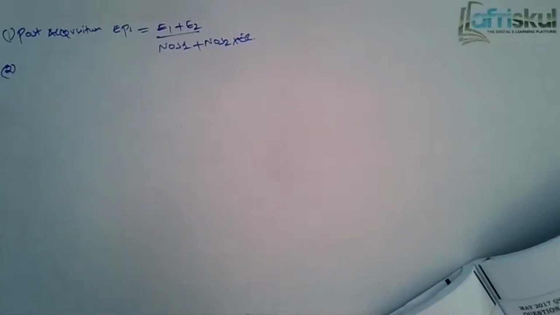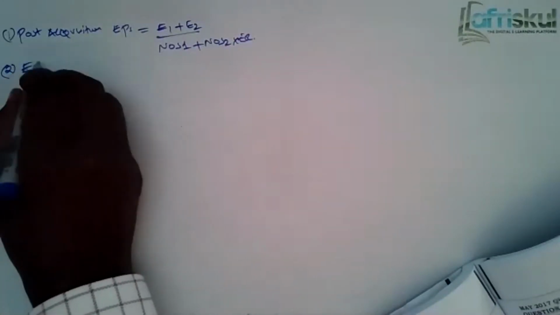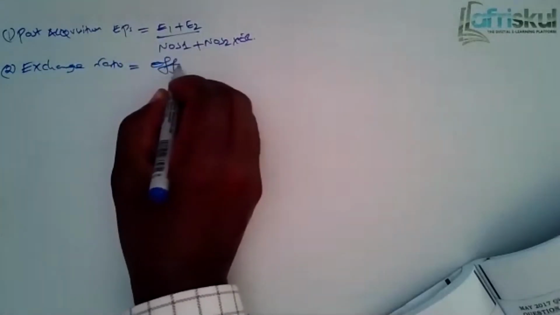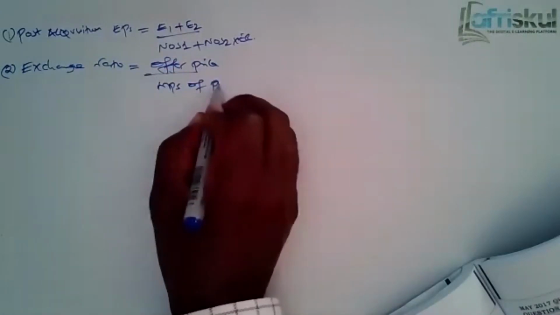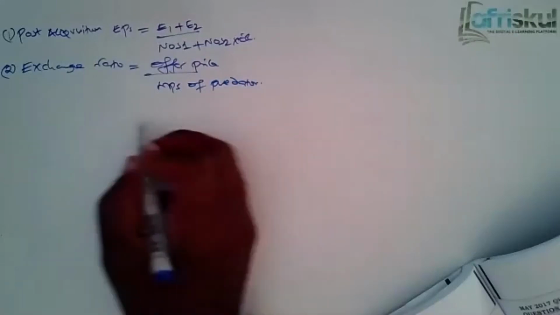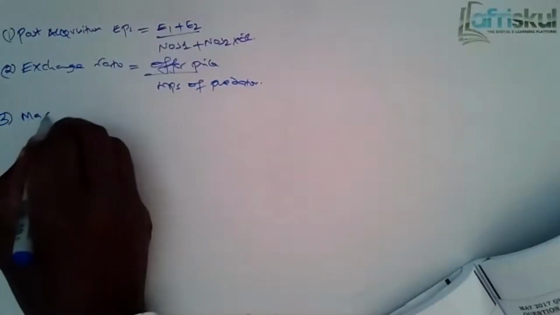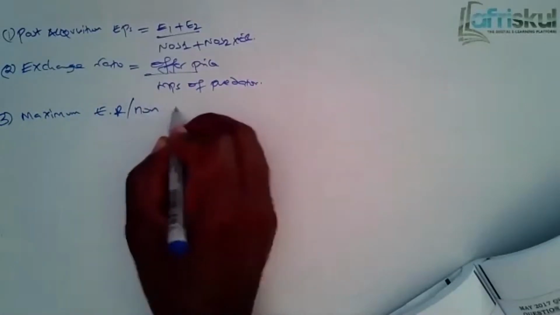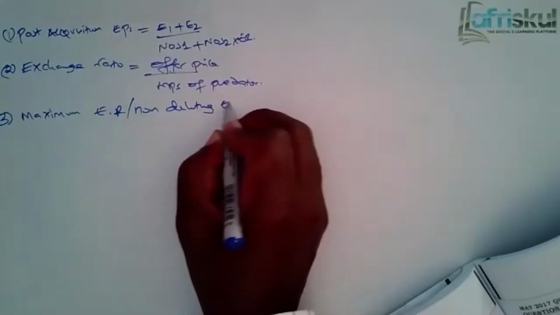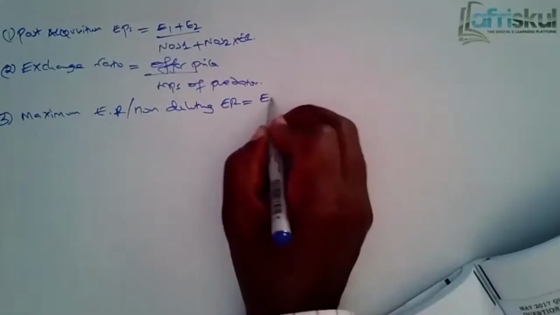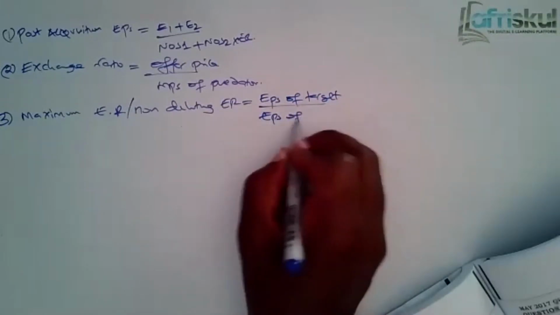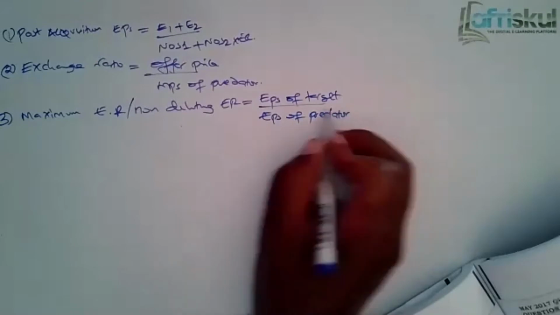The other thing you have been made to understand this evening, I hope you are taking your summaries down, is the formula of getting the exchange ratio. The normal exchange ratio is offer price all over MPS of the predator company. You also learned how to get the maximum exchange ratio, which is the same as the non-diluting exchange ratio, equal to EPS of the target over EPS of the predator.